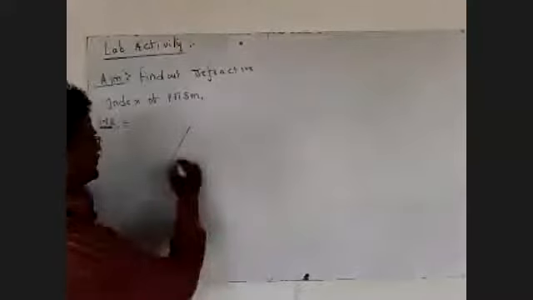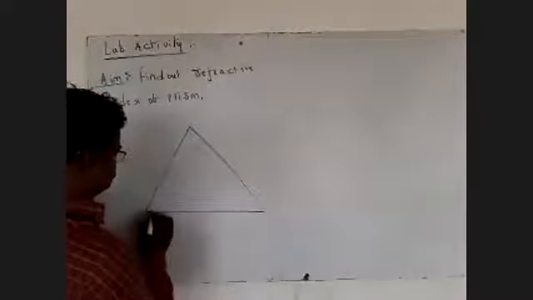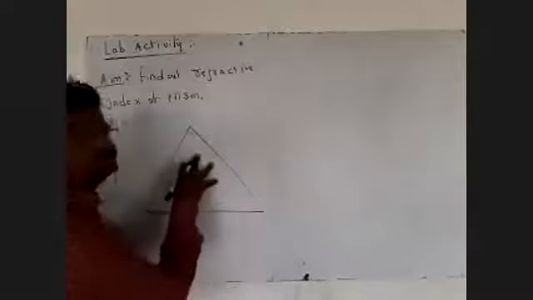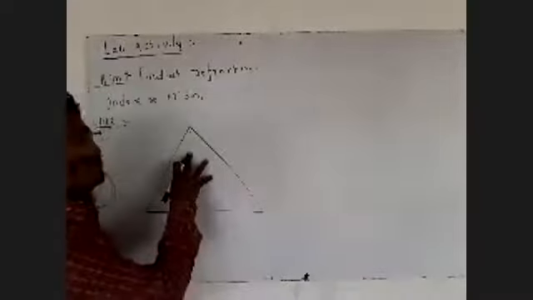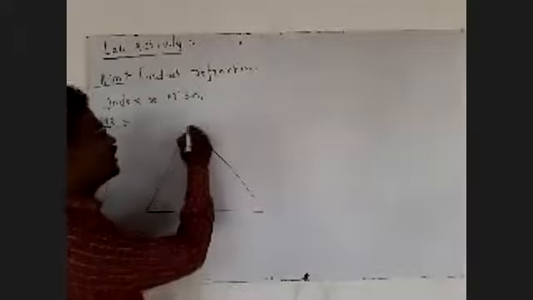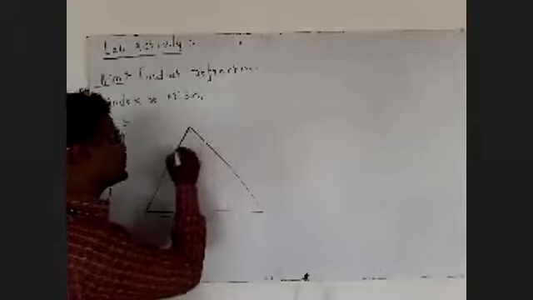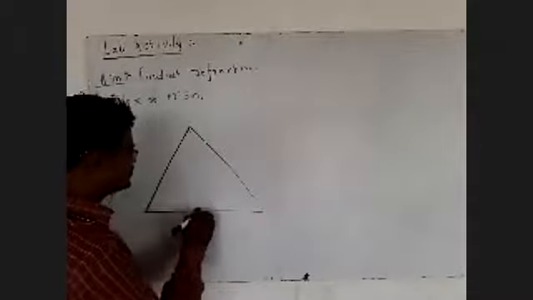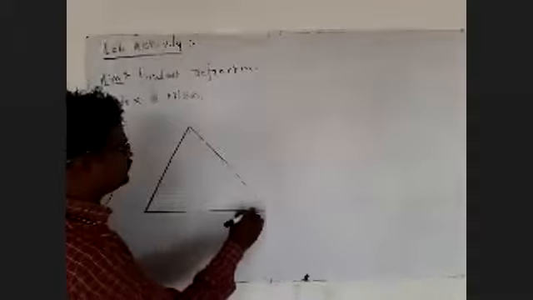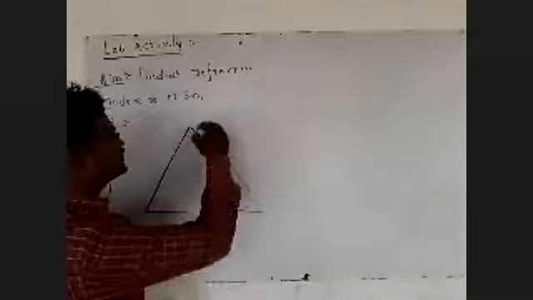This is a prism. The prism is placed on the middle of the paper. Next we draw the outlines of the prism.